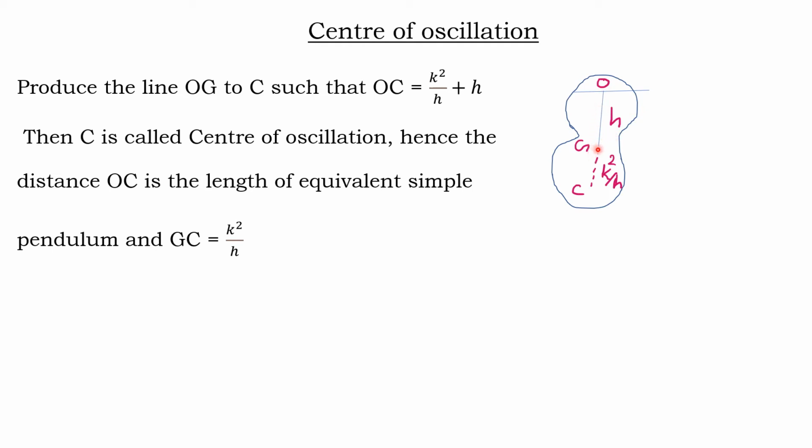Produce the line OG to C such that GC is equal to k square by h. Then the point C is called the center of oscillation. Hence the distance OC is called the length of the equivalent simple pendulum. That is, OC is equal to k square by h plus h is equal to l.